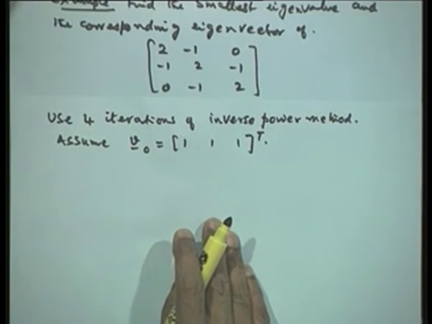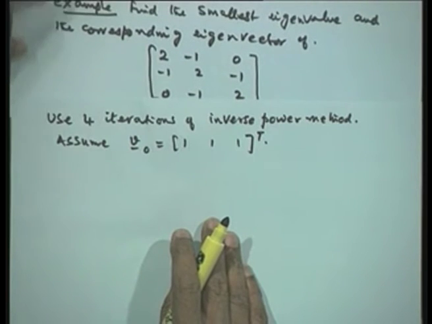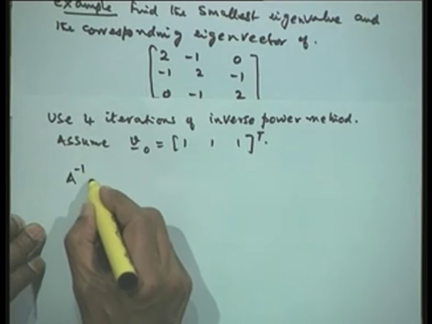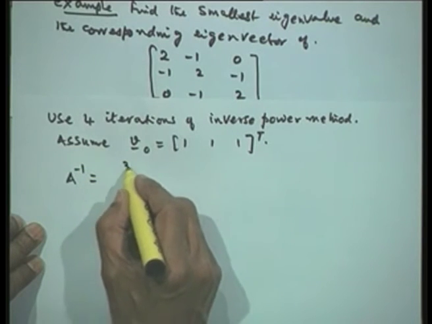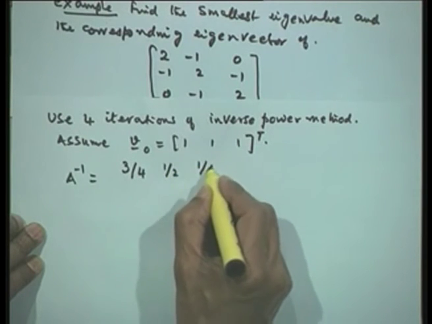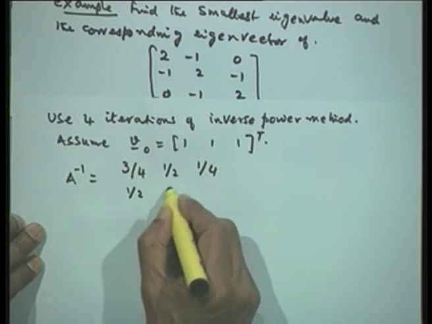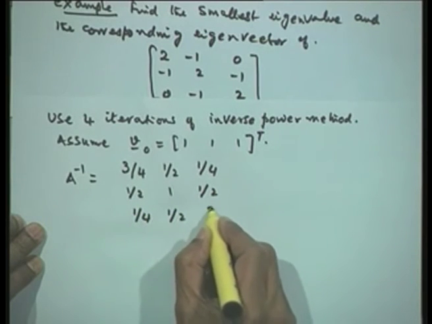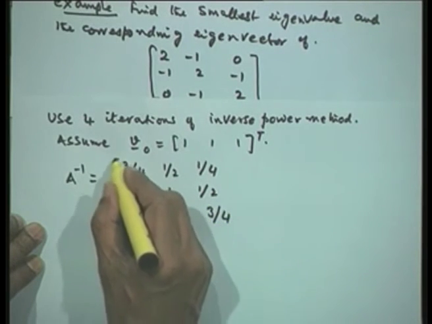Now let me apply the first method, that is A inverse. Let us find A inverse for this matrix. The value of A inverse is 3 by 4, 1 by 2, 1 by 4, 1 by 2, 1, 1 by 2, 1 by 4, 1 by 2, 3 by 4.